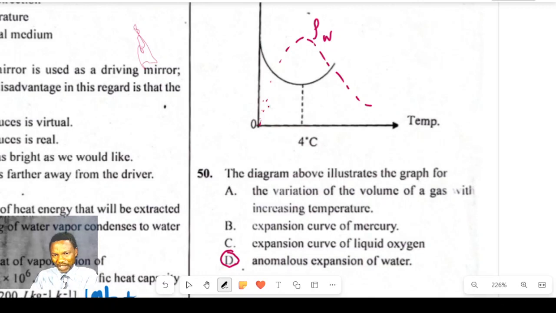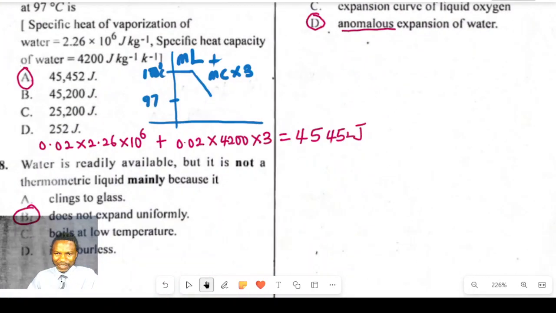Then the volume, as you heat water from 0, it contracts, it gets to the lowest volume, and then after 4 degrees, the volume starts expanding. This behavior of water from 0 to 4 degrees is known as anomalous expansion of water.